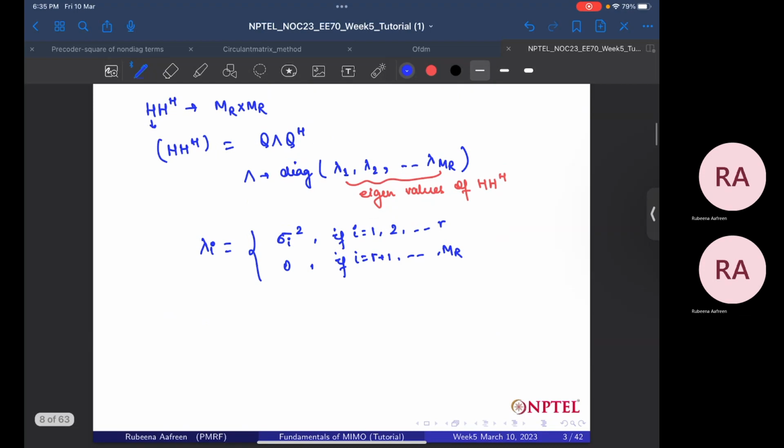Now we see that H we have assumed as random, right? So when it is decomposed into Q lambda Q Hermitian, whenever H is different, every other realization of H will give every other realization of lambda, right? So what this means is that all the eigenvalues are random as well.